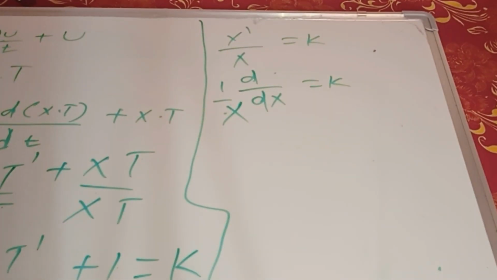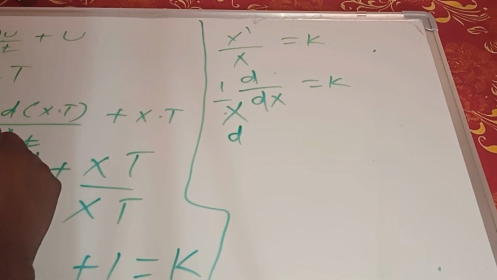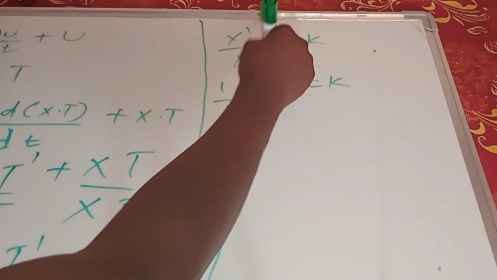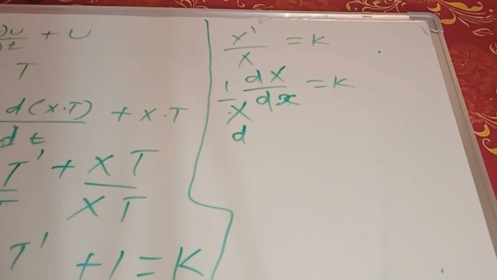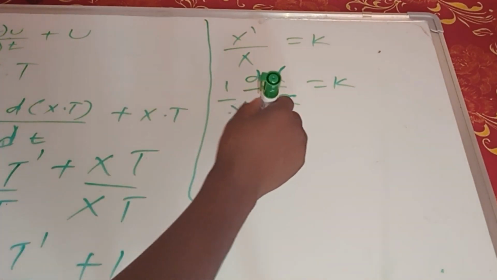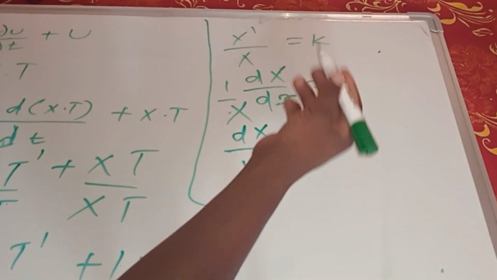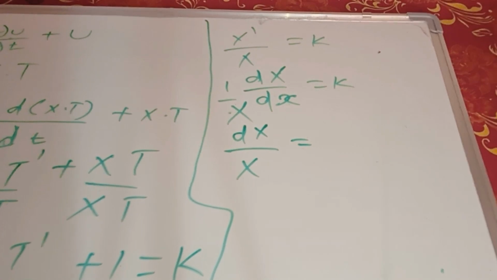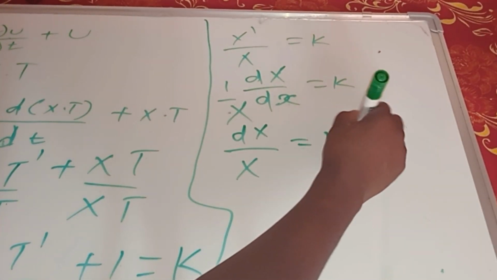So we separate the variables. This is dx over x. We now separate the variables, so dx divided by x, we multiply by dx on both sides, is equal to k dx.